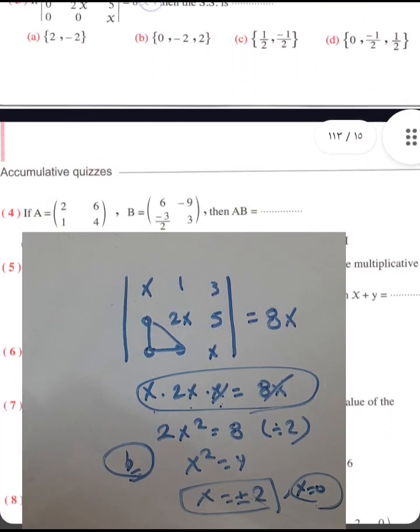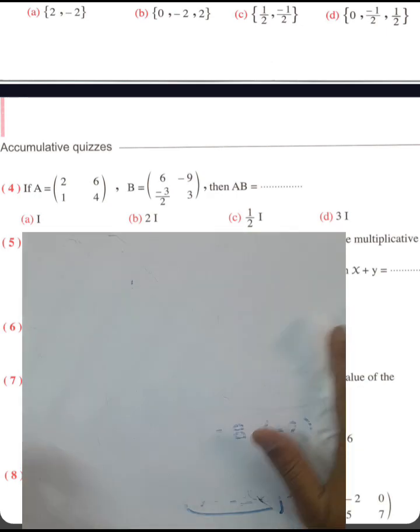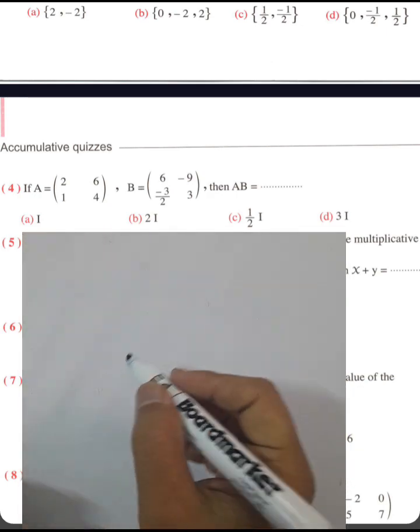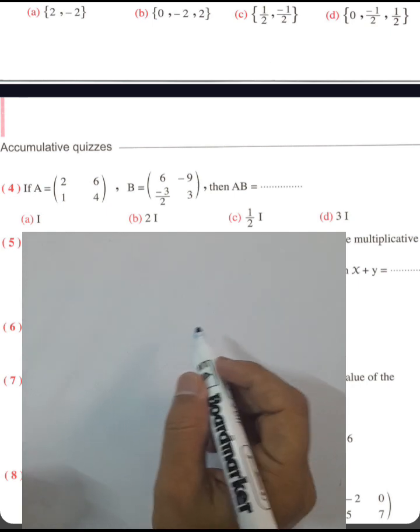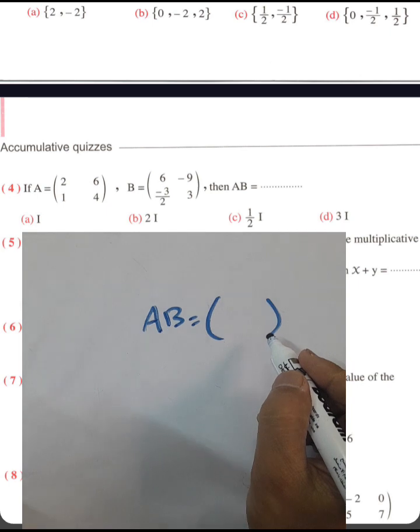Question number 4. If matrix A equals 2, 1, 6 and 4, and matrix B equals 6 and 9, negative 3 over 2 and 3, you want to find A product by B, the product between two matrices.